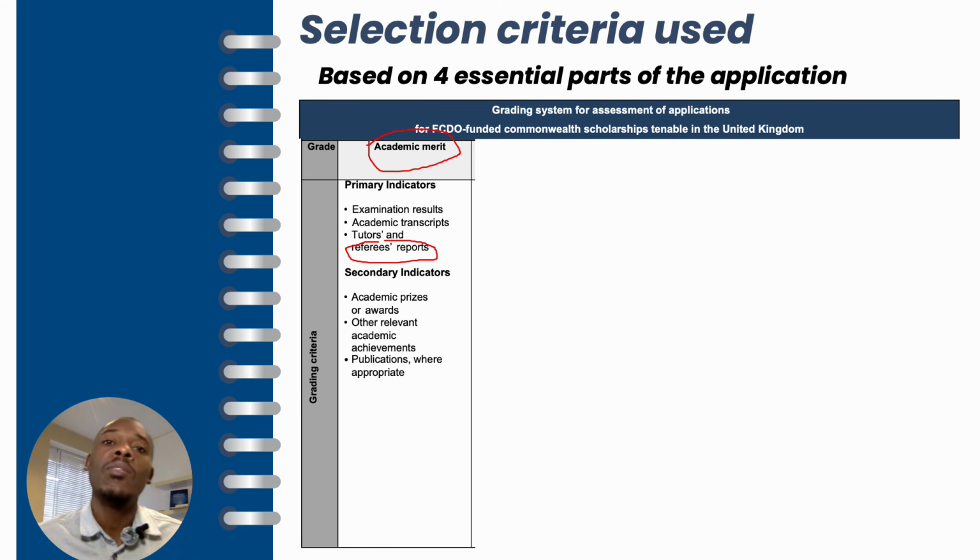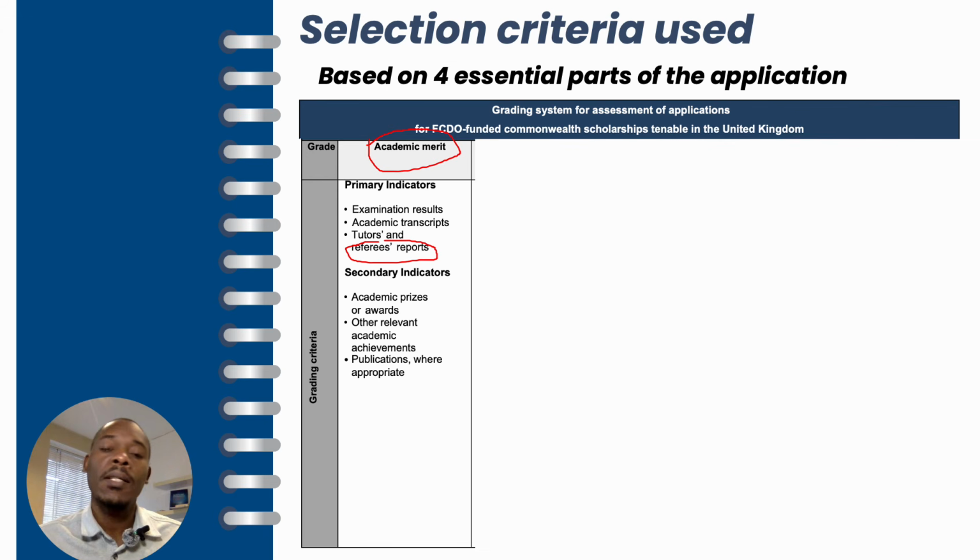How are you going to contribute to the development of your country? So it should be comprehensive references that explain your potential to create a meaningful impact. These are what they are going to consider as the primary indicators.